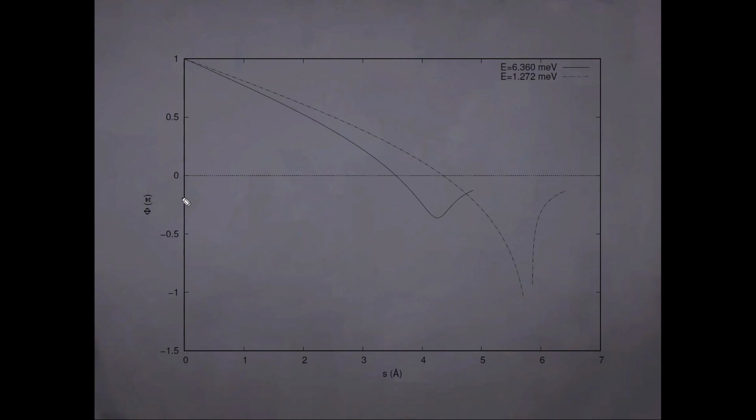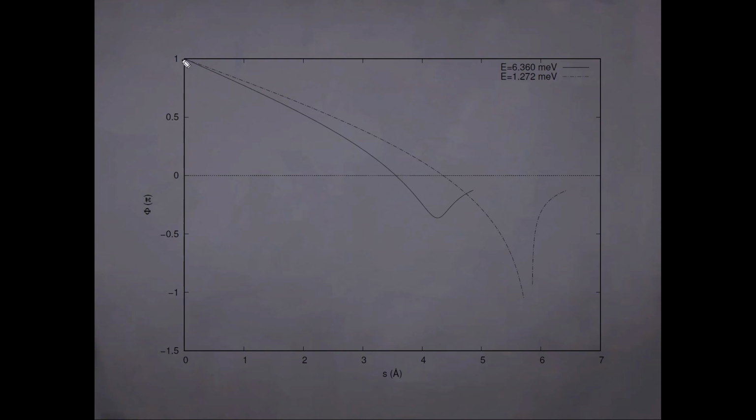And as an illustration, these are the results obtained in evaluating the scattering integral. So for the deflection angle measured in units of pi as a function of the impact parameter measured in angstroms, for the Lennard-Jones potential parameterized for hydrogen molecules using these two particular values of the energy. The continuous line corresponds to the energy here, and we observe that at a vanishing impact parameter, we have a situation of backscattering.